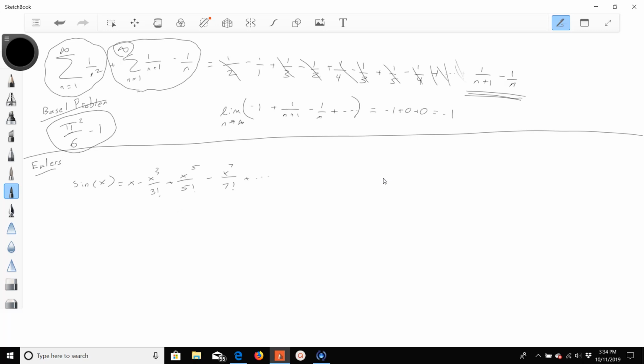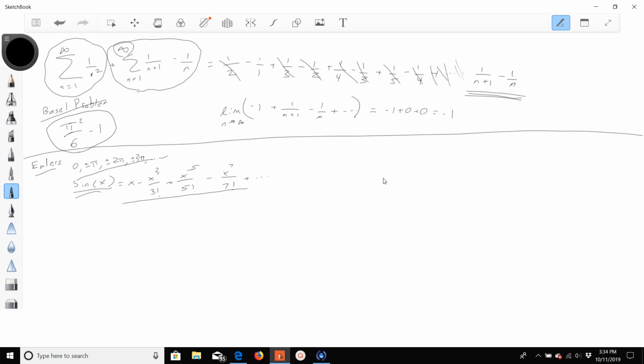Now, the zeros of sine of x, just considering the left side, are 0, plus or minus pi, plus or minus 2 pi, plus or minus 3 pi, yada yada yada. So Euler made the leap basically in claiming that the polynomial on the right side can be factored through its zeros that we've given here for the one on the left side.